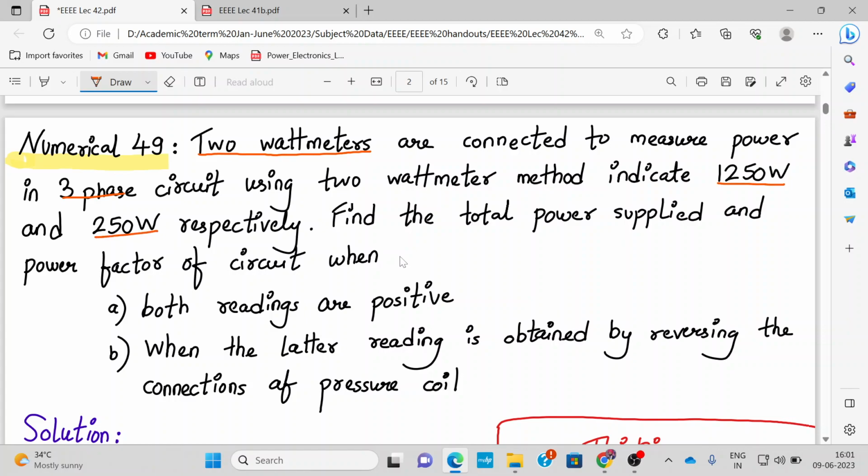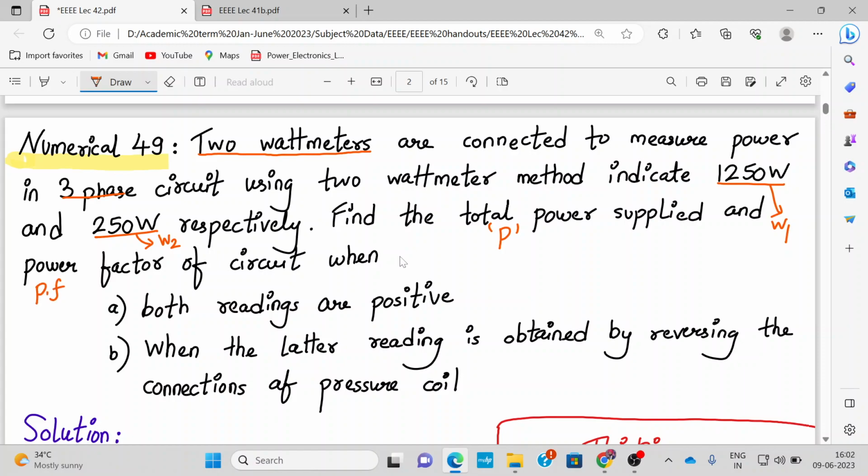So whichever is the higher one, denote it as W1, and whichever is the lower one, we denote it as W2. The higher one will always be positive, the lower one can be positive or negative. So find the total power supplied. So they are asking us to find capital P and the power factor of the circuit.